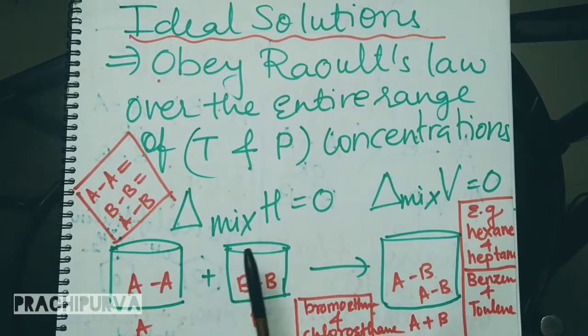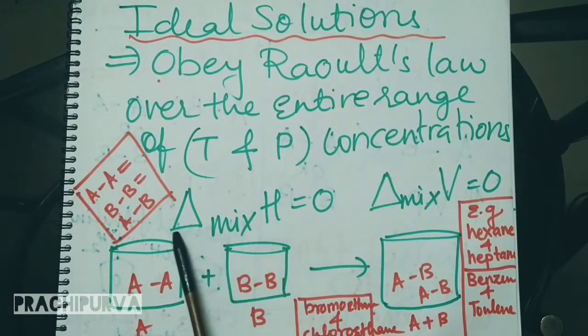The second criteria: change in enthalpy of mixing should be zero. What does that mean? I'll explain. Change in enthalpy means change in energy of mixing when you're preparing the solution. If I want to call a particular solution an ideal solution, when I mix two solvents, there should not be any heat liberated or gained.